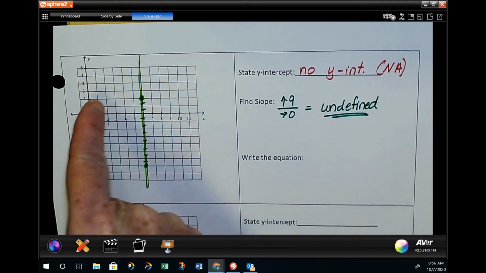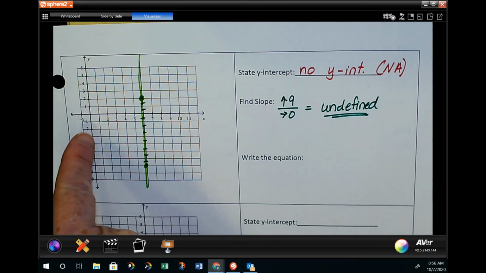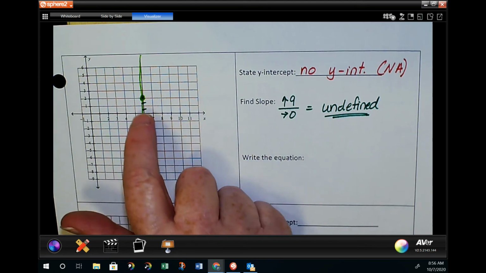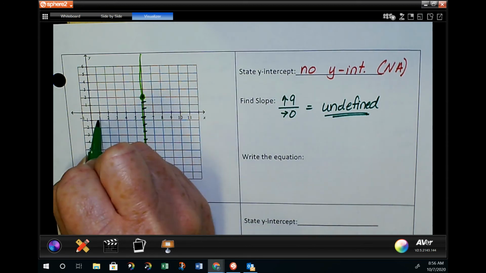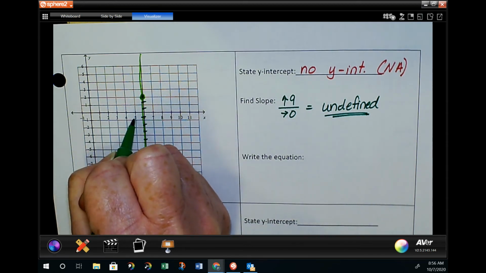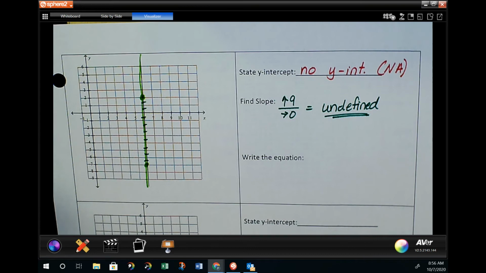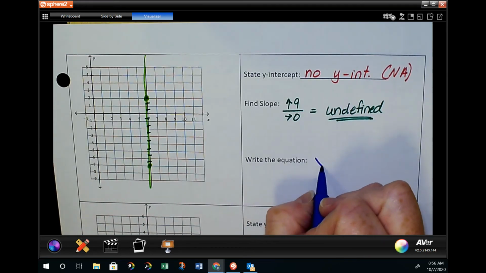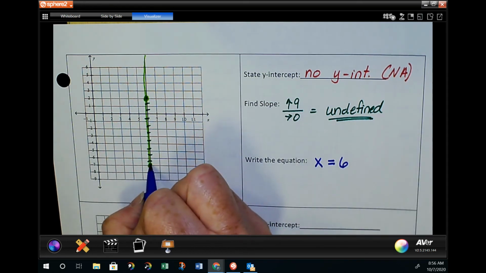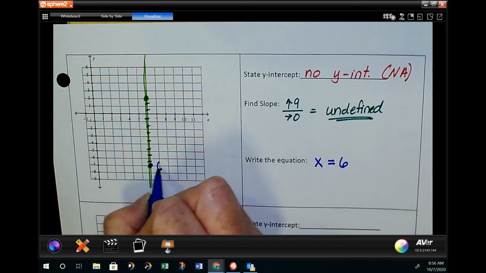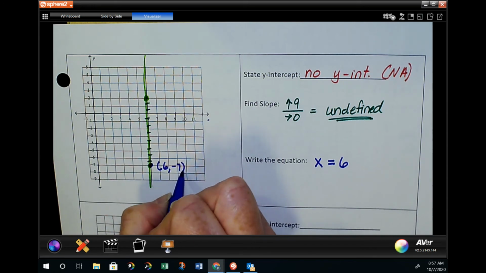So this is undefined, and so now you have to write that equation. Well, notice that this never hits the y-axis, but all of these numbers are the same at x. So it's 1, 2, 3, 4, 5, and then all of these numbers are the same at x. So x is always 6. If I look at this point, this is 6, -7.